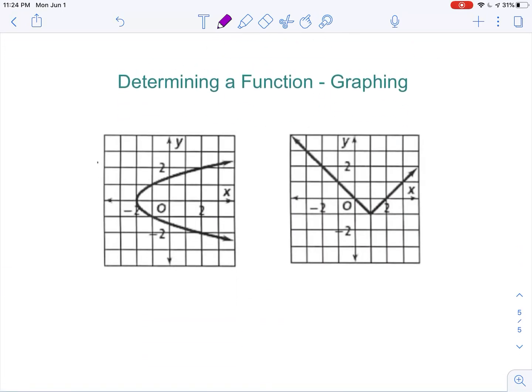Okay, so the last representation that we have to take a look at is graphing. How do we determine if something is a function when looking at the graph? Well, what we need to use is something called the vertical line test.